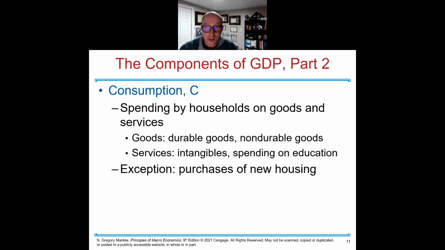Goods are durable goods and non-durable goods. Durable meaning long-lasting. Durable means long-lasting. This would be things like furniture, electronics, clothing, vehicles.